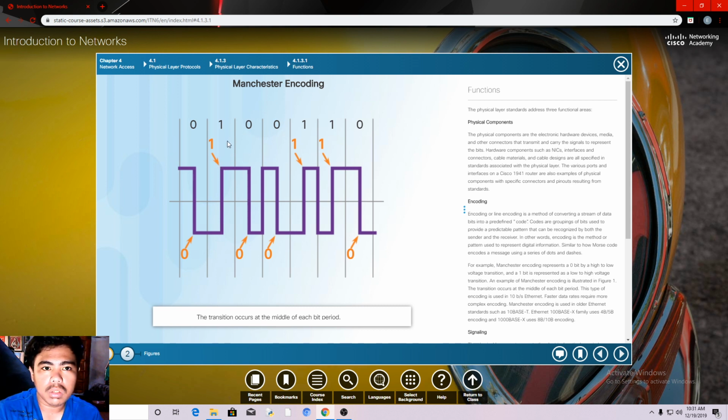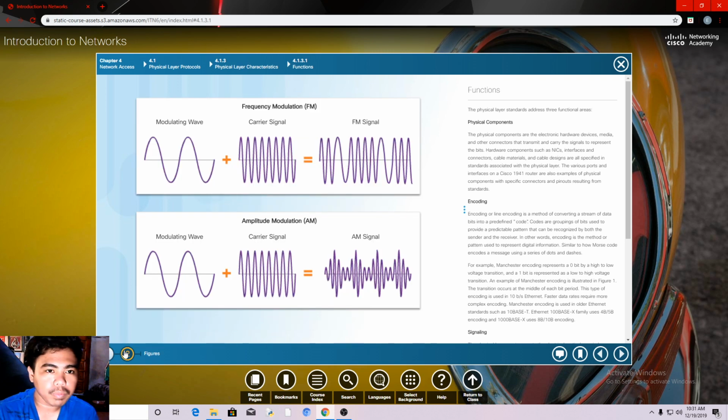This representation shows that the data is delivered through bit conversion. Another here is frequency modulation and amplitude modulation. They differ in how they carry the signal. It is somewhat similar, a modulating wave plus a carrier signal, but the type of signal produced is different.